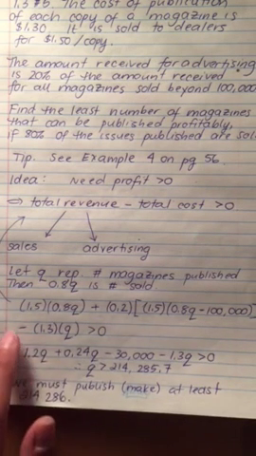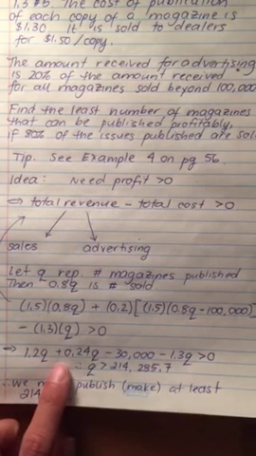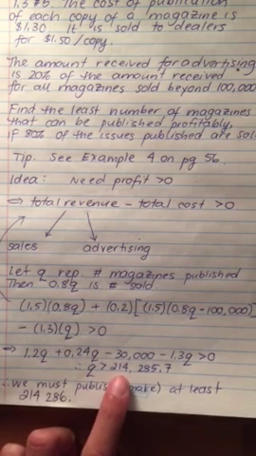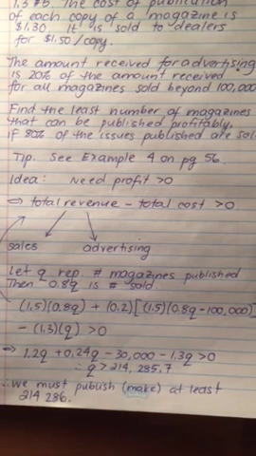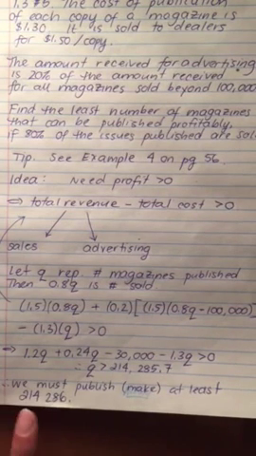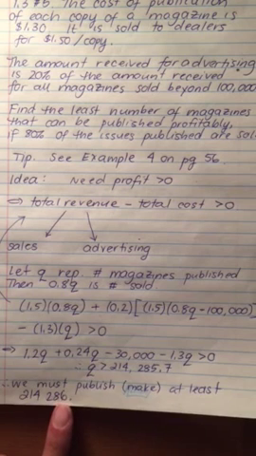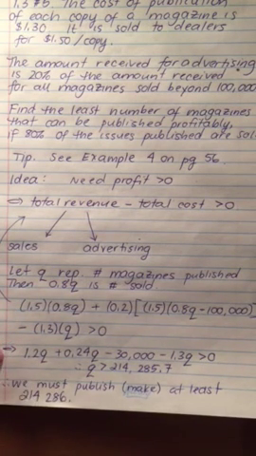So right here, I'm just simplifying this whole left-hand side, and I end up getting that eventually, after a couple of lines, Q is strictly greater than 214,285.7, and so that must mean that we must sell at least 214,286 magazines, and that will help us be profitable because we set up the equation to make profit positive or greater than 0.